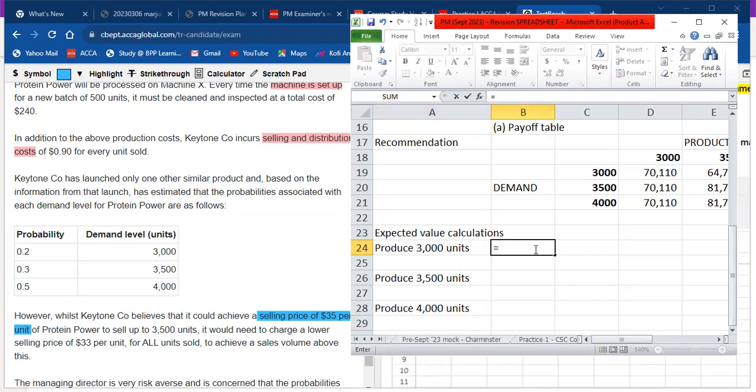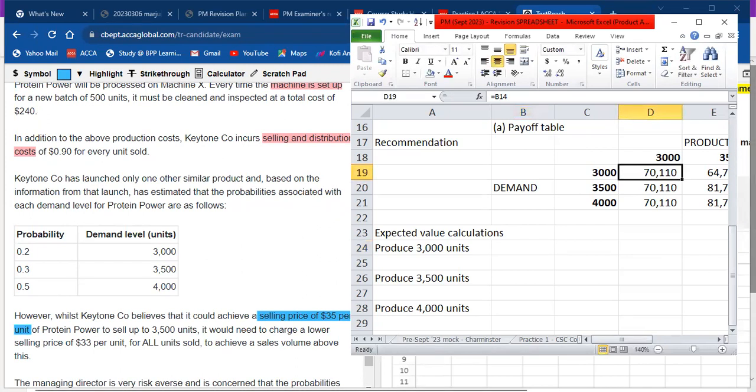When you produce 3,000 units, what I want to do is multiply the probability of demand being 3,000 with 70,110, demand being 3,500 by 70,110, demand being 4,000 by 70,110.